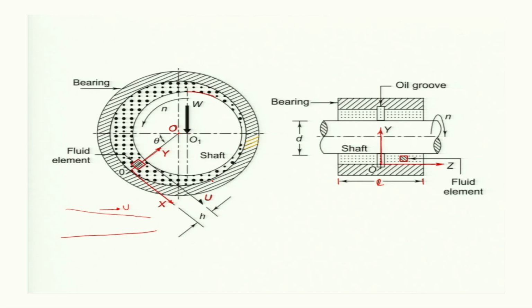And then we started mathematical modeling of the fluid film bearing to get the pressure profile in the clearance space, which is the hydrodynamic pressure and which lifts the journal. Now, we will continue this mathematical modeling, and we will find an equation which is called the Reynolds equation to get the pressure distribution. After solving that Reynolds equation, we will get the pressure profile, and then other parameters are found. So, thank you.